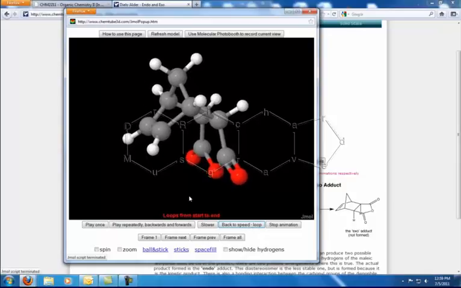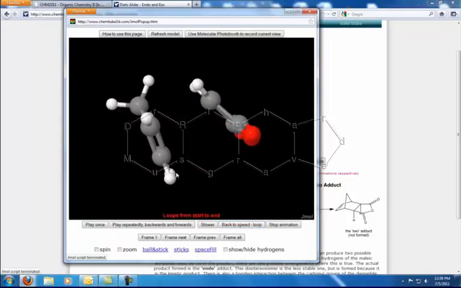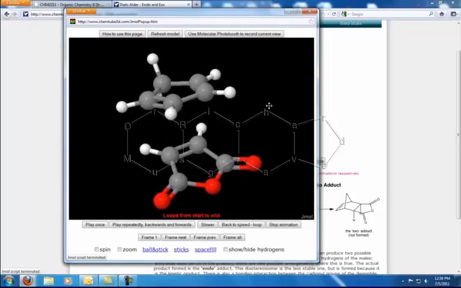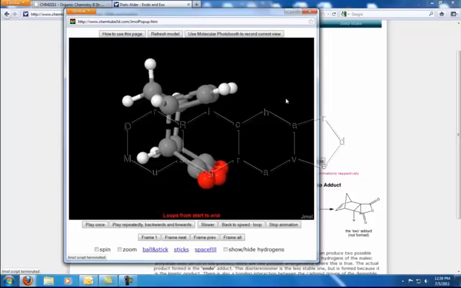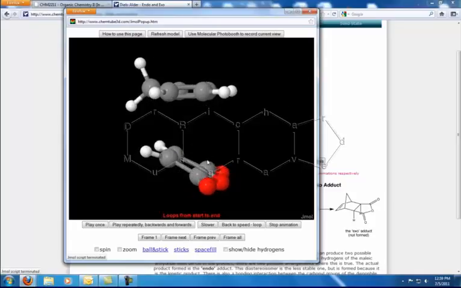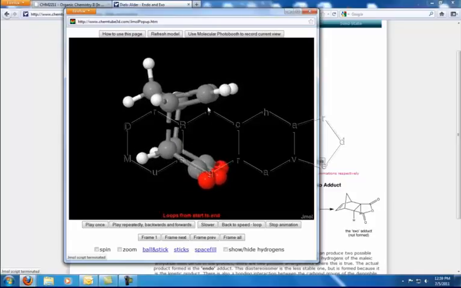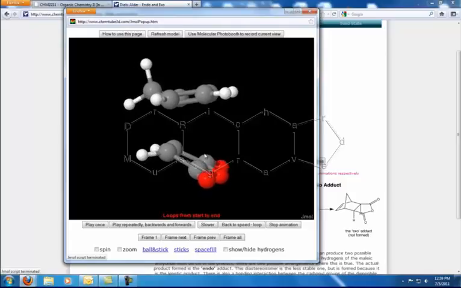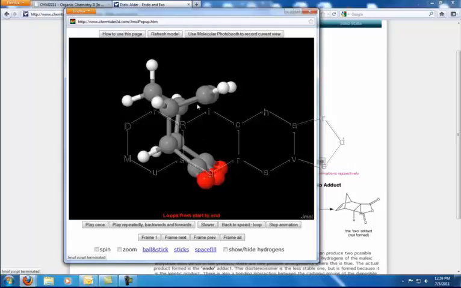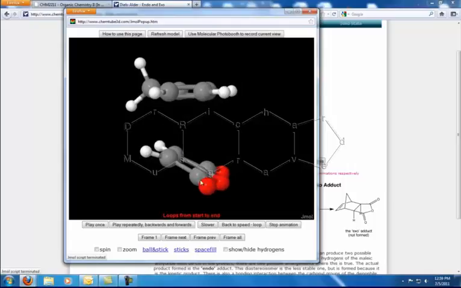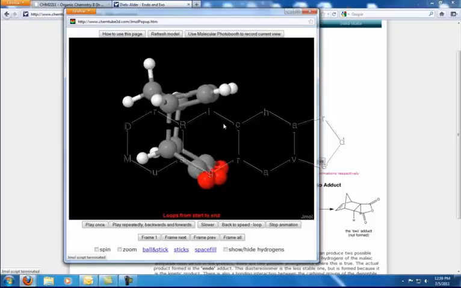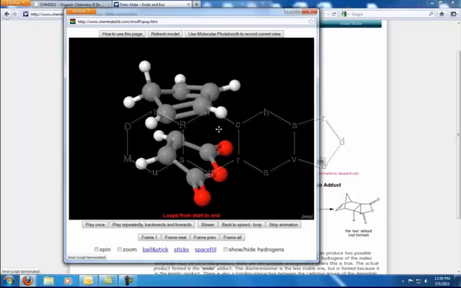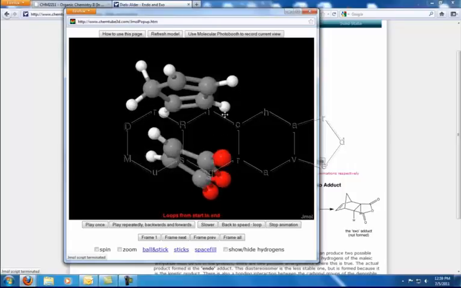And you can see that the dienophile now can interact with the double bond, the p orbitals from the double bond. So we can get a little bit of interaction going on here between the p orbitals of the dienophile down here and the p orbitals from the diene up here. And that allows for a more favorable product when we're talking about these kinds of Diels-Alder reactions.